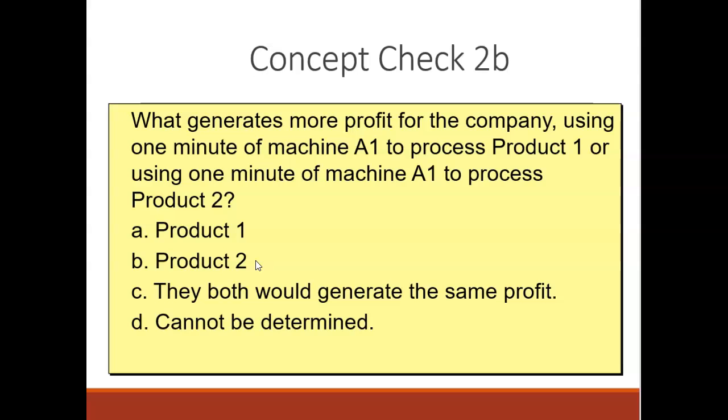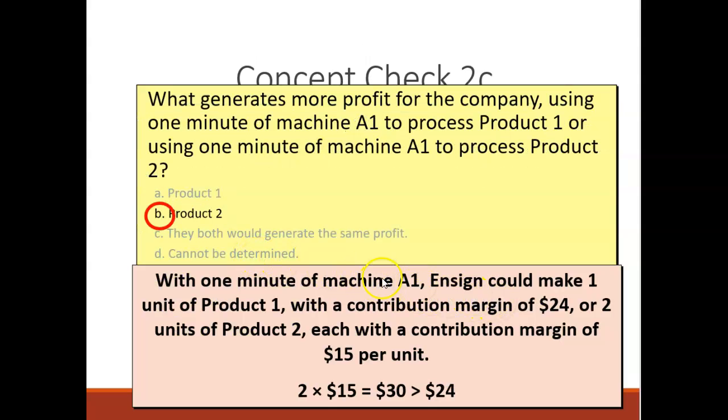Now, if we have extra minutes, of course, we're going to keep going and make more product 1. But for each minute of machine A1, we'll make 2 product 2s. So the contribution margin for 1 minute of this A1 machine is $30 a minute. For product 1, it's $24 a minute.